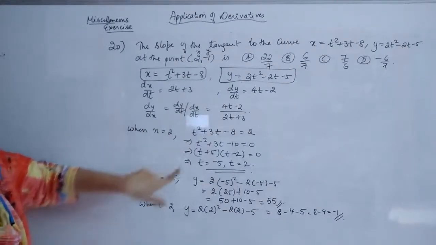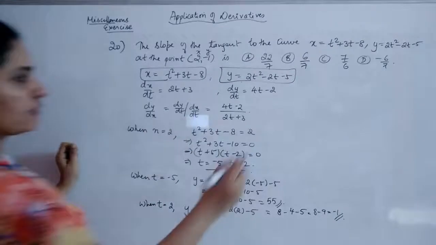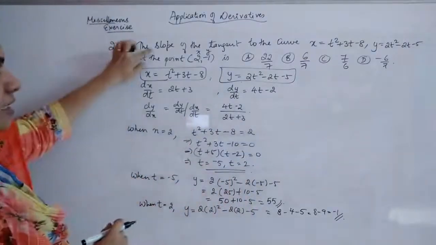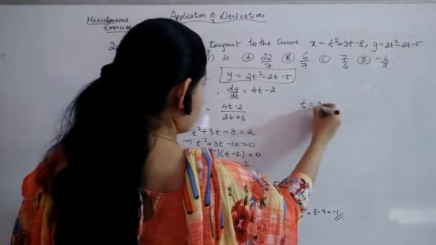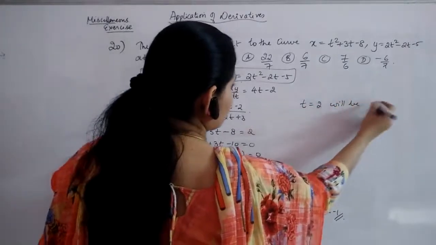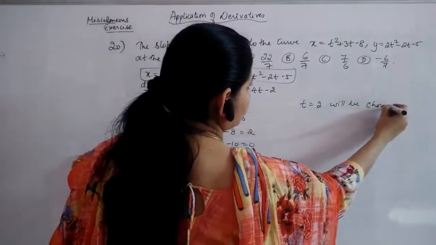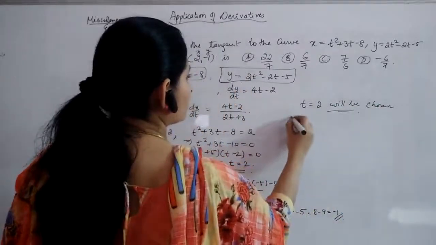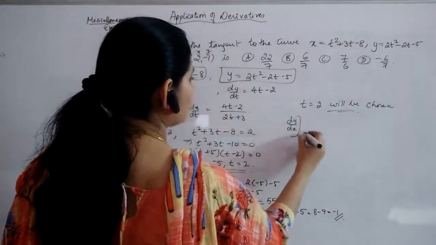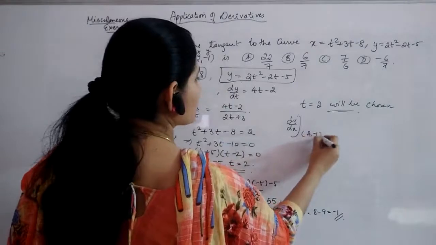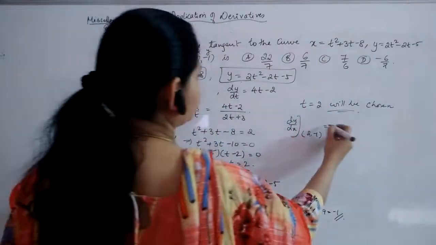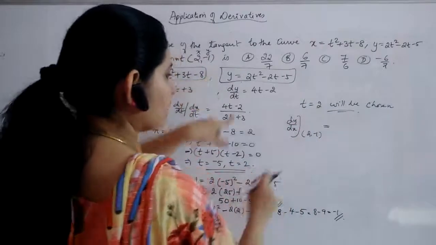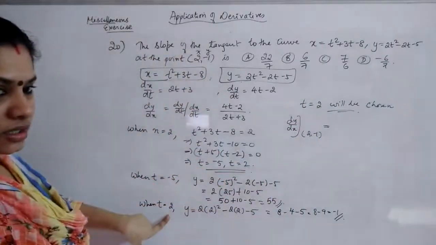Okay. Now t is 2 means what will be the derivative? That will give you the slope of the tangent at that point. So t is equal to 2 will be chosen. Okay. So dy by dx at the point 2 comma minus 1 means you have to replace the value of t with 2. It's not the value of x, it's the value of t which you are choosing.